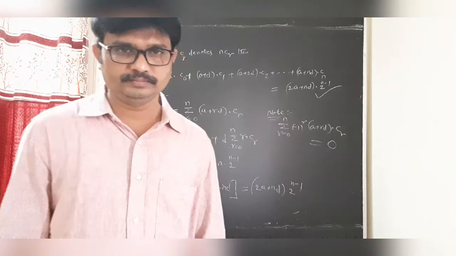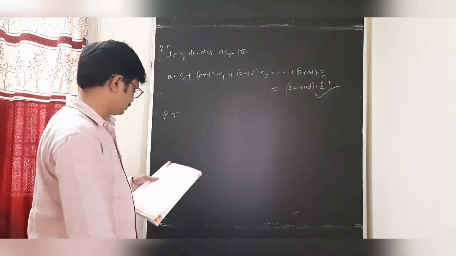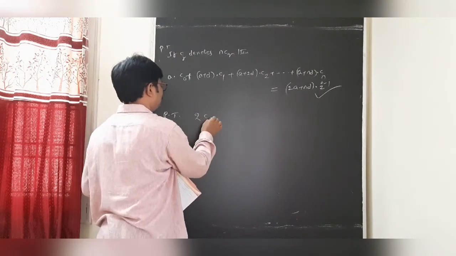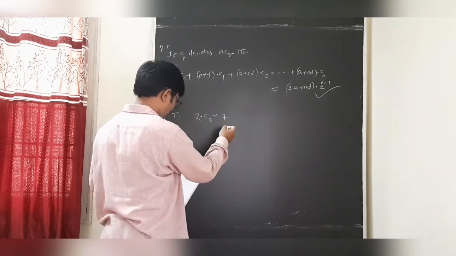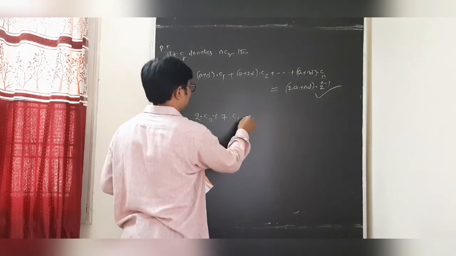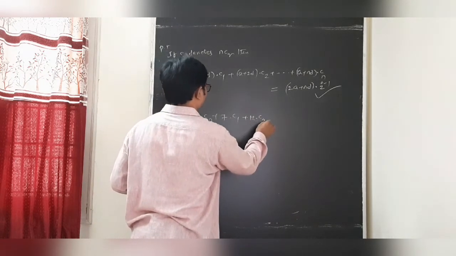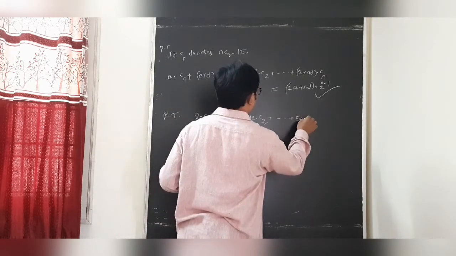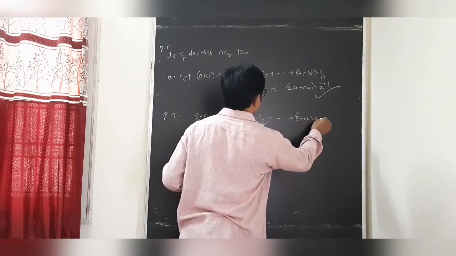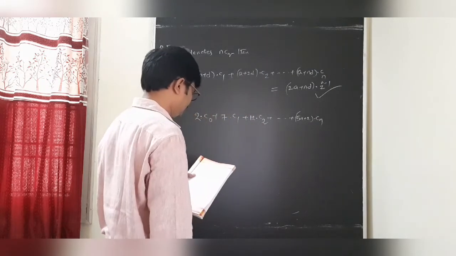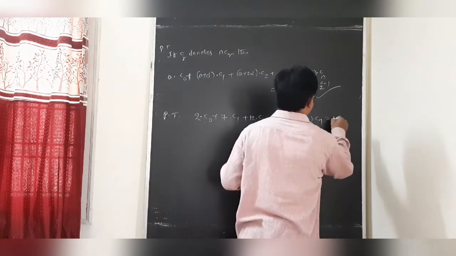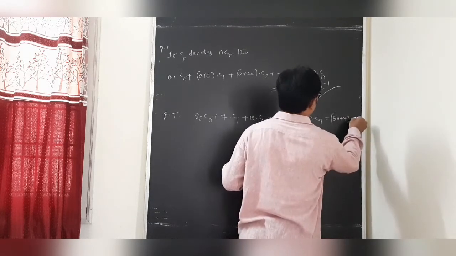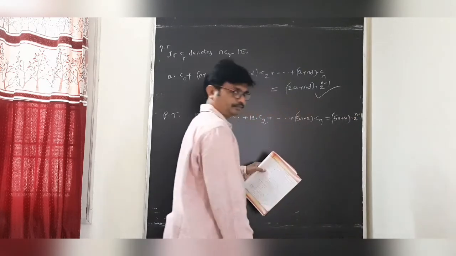Okay, students, write down. Based on this, prove that 2 into C0, after that 7 into C1, 12 into C2, and so on, up to 5n plus 2 into Cn, equals 5n plus 4 into 2 power n minus 1.